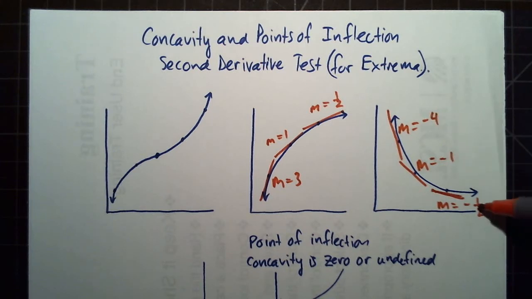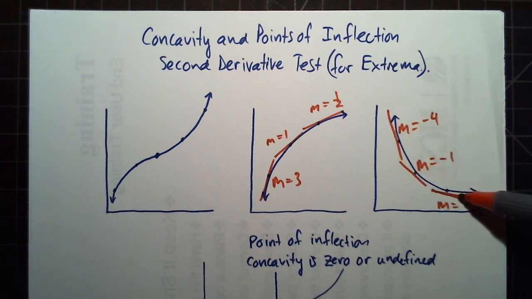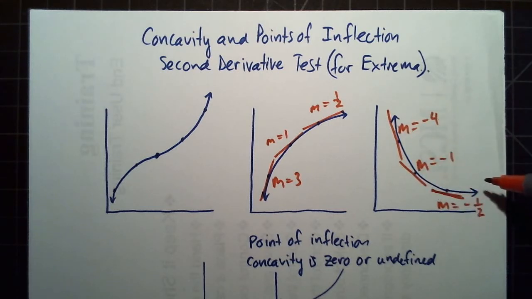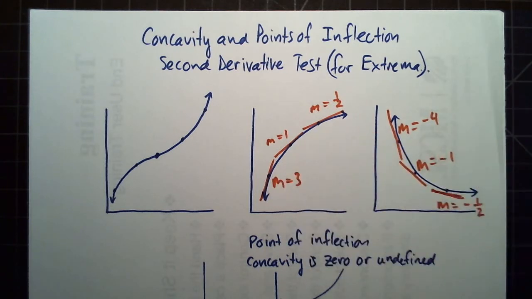So -4, -1, -1/2. These numbers are increasing. The slopes of the tangent lines are increasing. That means the second derivative is positive. And so this is called concave up, or positive curvature. Here it's concave down, or negative curvature.